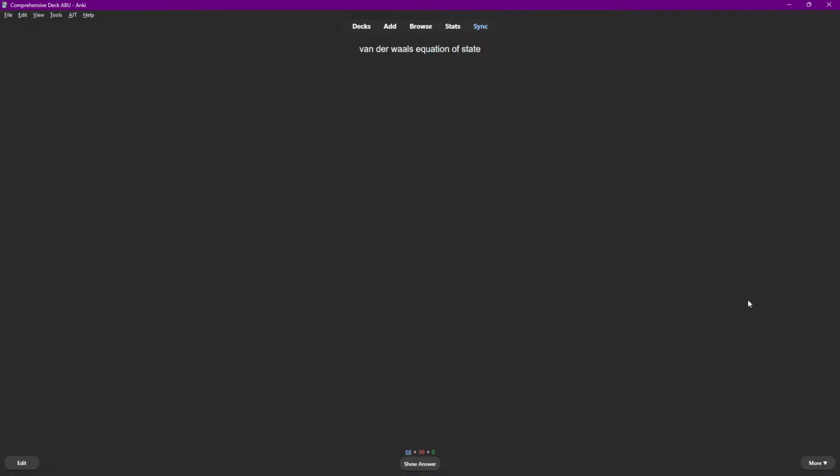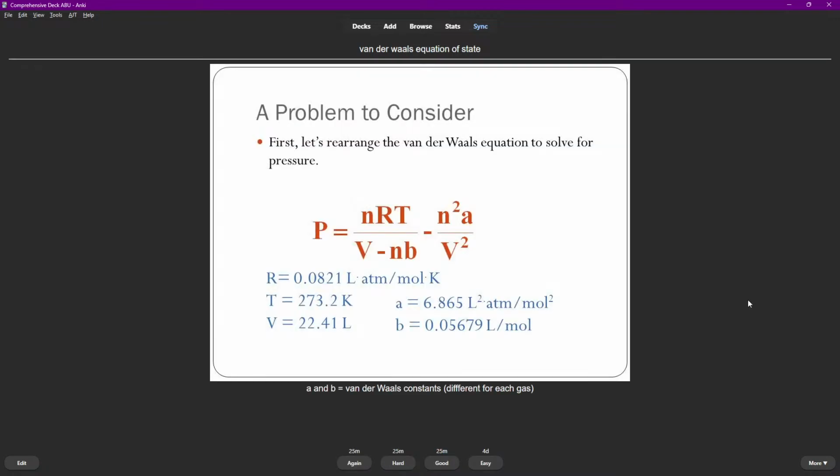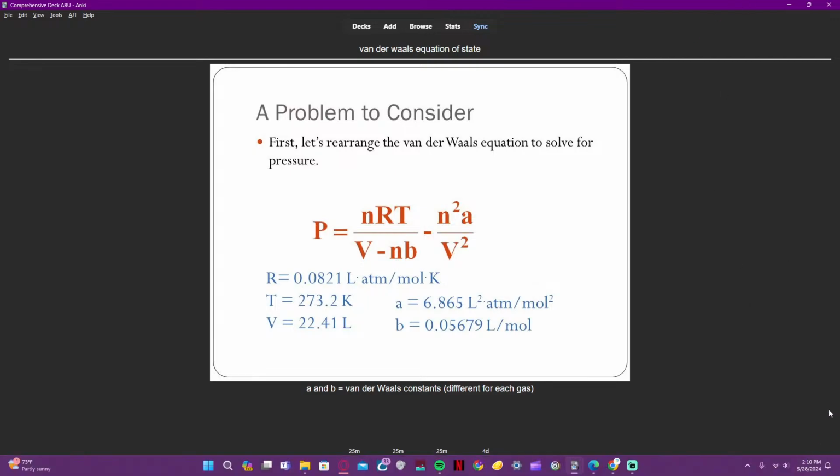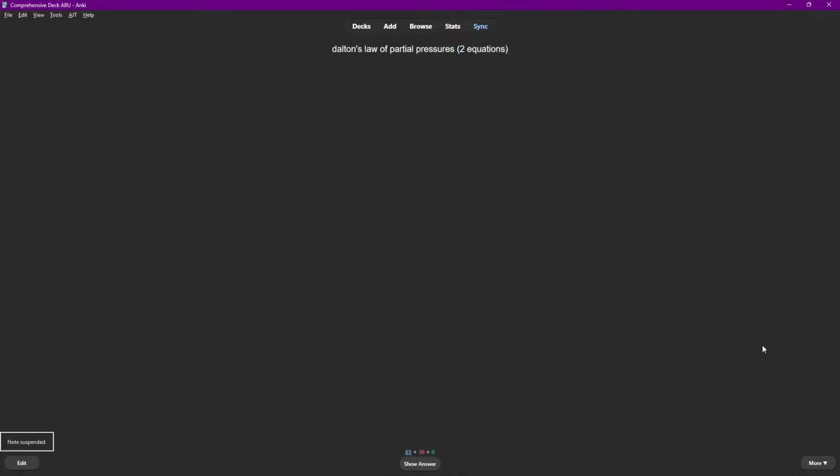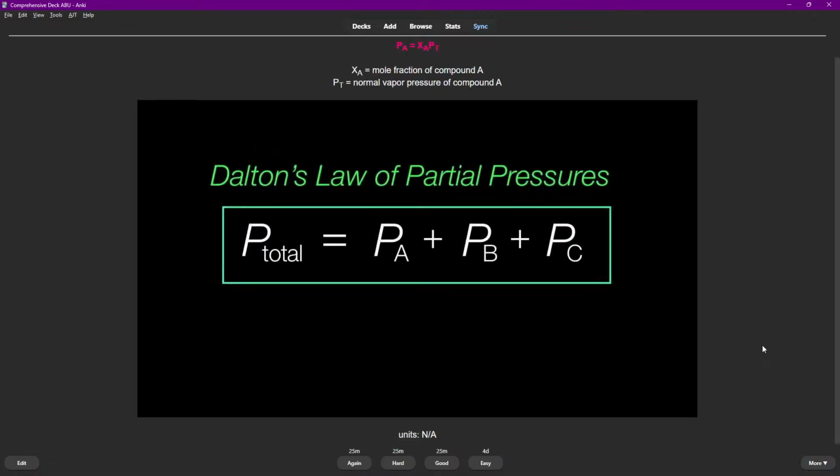Van der Waals equation of state. Never learned that one. And I don't think that's high yield, so I'm just gonna suspend it for now. Dalton's law of partial pressure. That all the pressure, yes, I have learned that one.